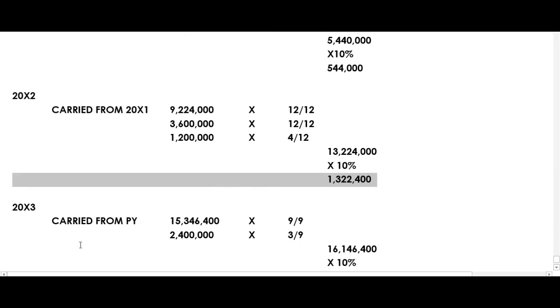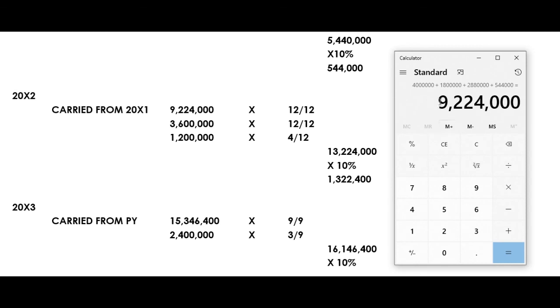Ito na yung year na tawag dito, matatapos yung asset natin na i-construct. Ang gagawin mo ngayon dyan, kunin mo ulit yung mga na-carry from previous year. Okay? So, dito na lang natin kunin kasi mas madaling kunin dito eh. Okay? So, mag-start tayo dito sa 9,224,000. Dagdag mo yung 3,600,000.